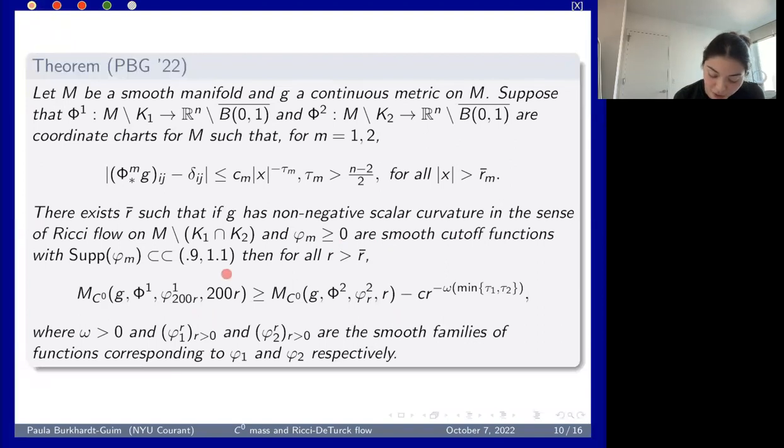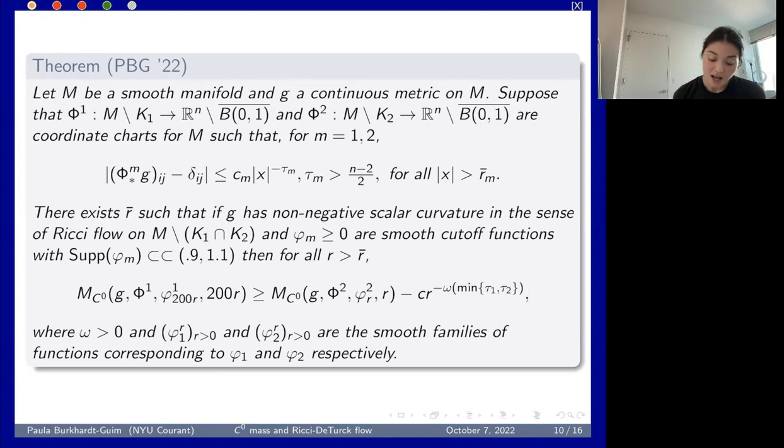The C0 local mass with respect to capital Phi1 and lowercase phi1 at scale 200R is bigger than the C0 local mass with respect to capital Phi2 and little phi2 at scale R, up to this error. So here omega is some positive exponent that depends on tau1 and tau2, and this whole term goes to 0 as R goes to infinity.